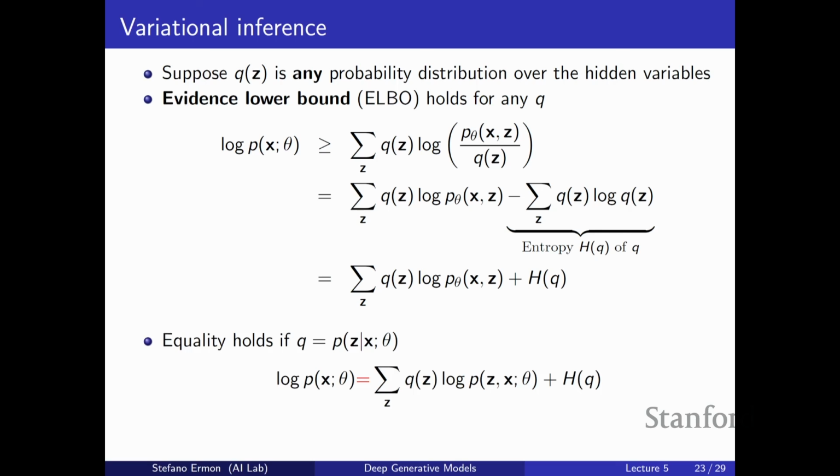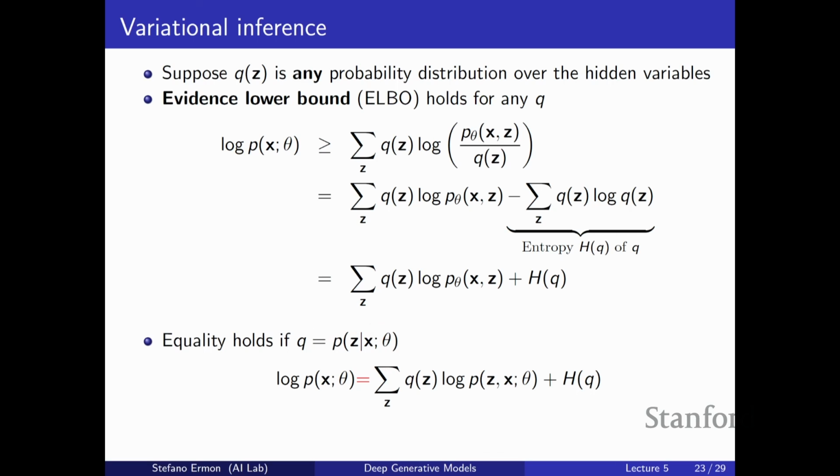And it turns out that if Q is chosen to be the conditional distribution of Z given X under the model, then this inequality becomes an equality. So the bound becomes tight, and there is no approximation at that point. Essentially what this is saying is that the best way of guessing the Z variables is to actually use the posterior distribution according to the model.